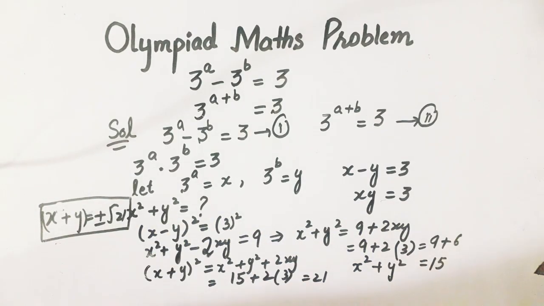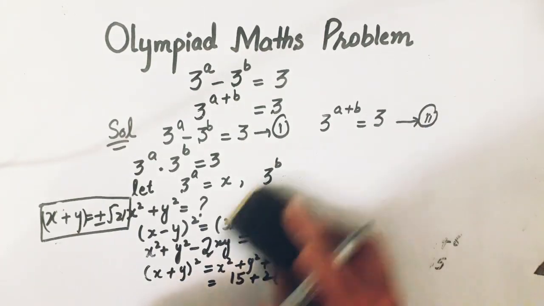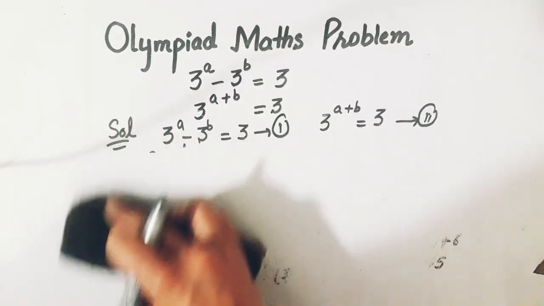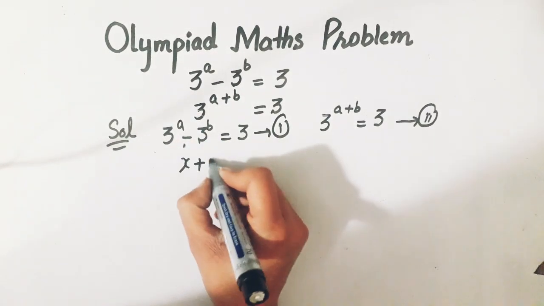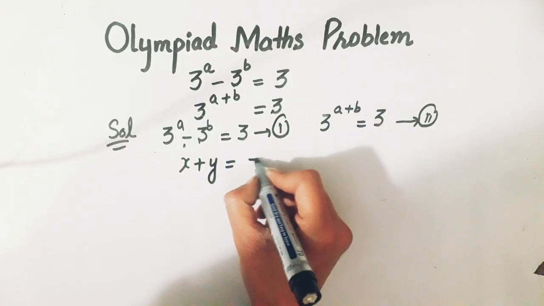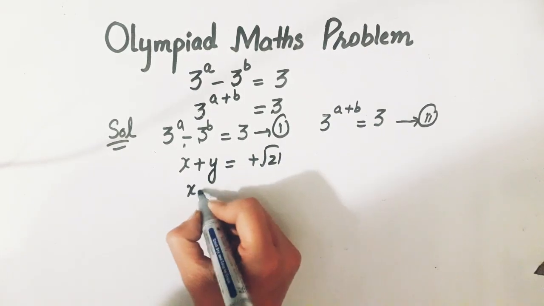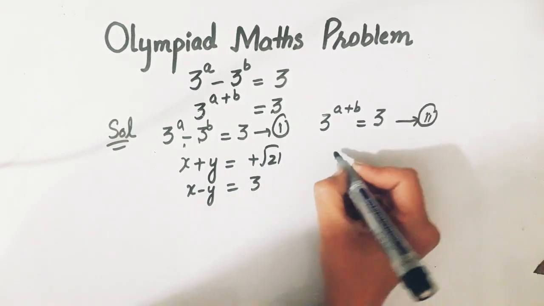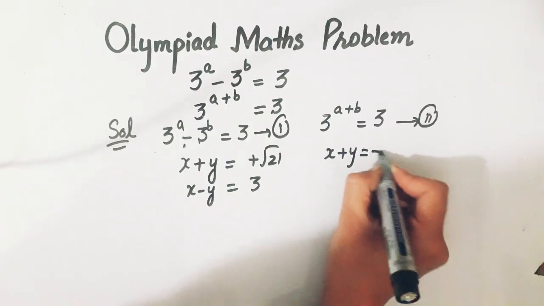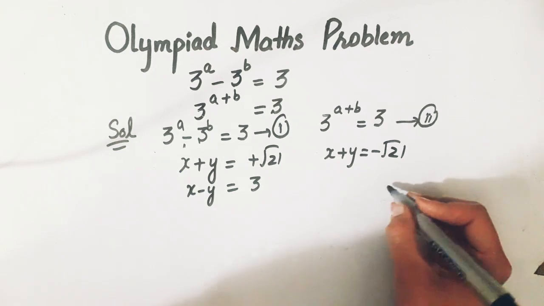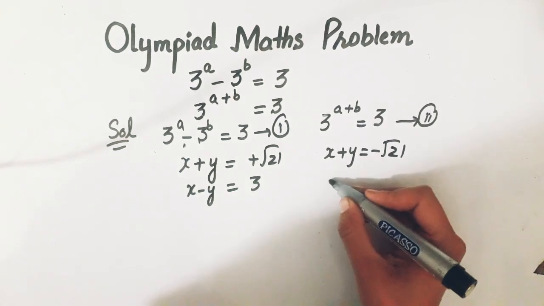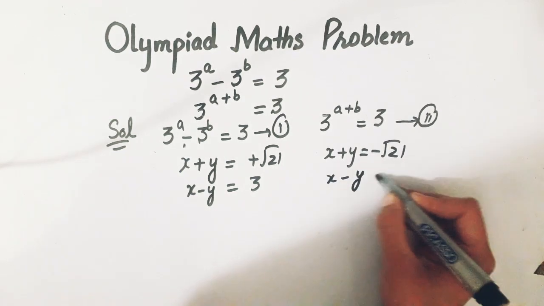Now we will write the solution of this: there are two types of solution we got from this. First one, you get x plus y equals plus root 21 and x minus y equals 3. And x plus y equals minus root 21 and x minus y is 3.